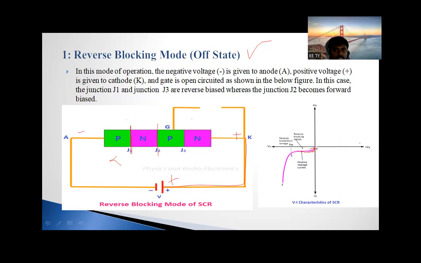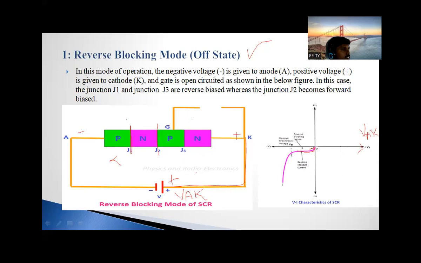On the x-axis we have taken the voltage. Which voltage? The voltage across the anode and cathode. Clear? So which voltage is applied across the thyristor?